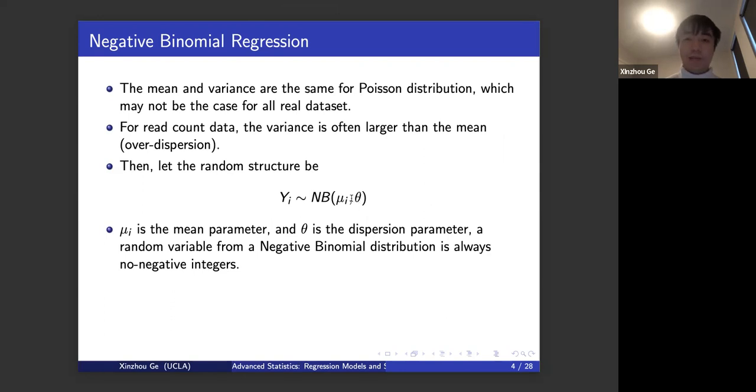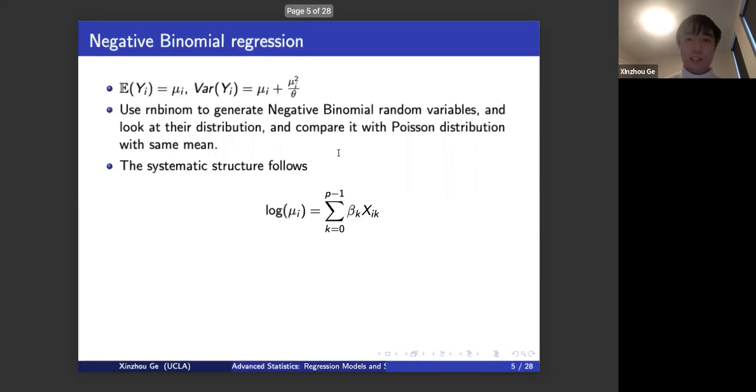If theta is very large, then the variance will be similar to the expectation, which means that in this case, it is more like a Poisson distribution. But if theta is very small, then the variance will be much larger compared to the mean, and in this case, we have very large dispersion. So this is how the dispersion parameter works. It will change the shape of the negative binomial distribution.